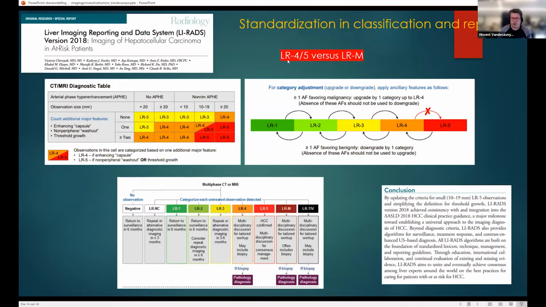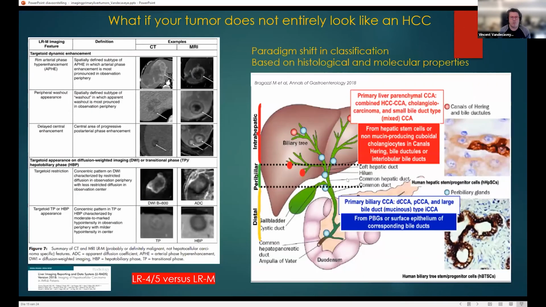And there's where we come to the important relation to this topic, the HCC versus the LI-RADS non-hepatocellular cancer. When your tumor does not really look like a hepatocellular cancer on your MRI, what should we do? There is a paradigm shift in classification, and we radiologists are really aware of that.